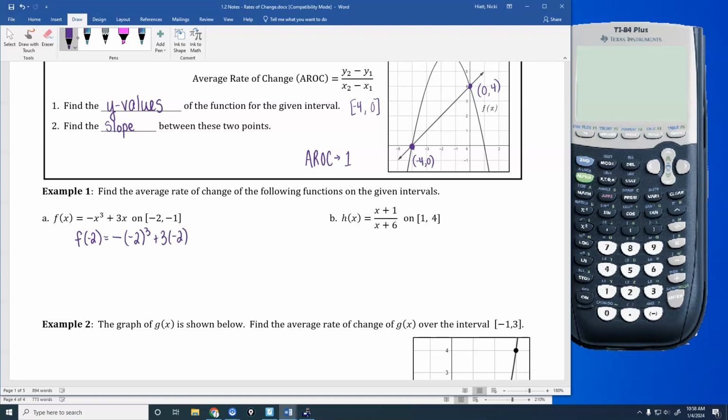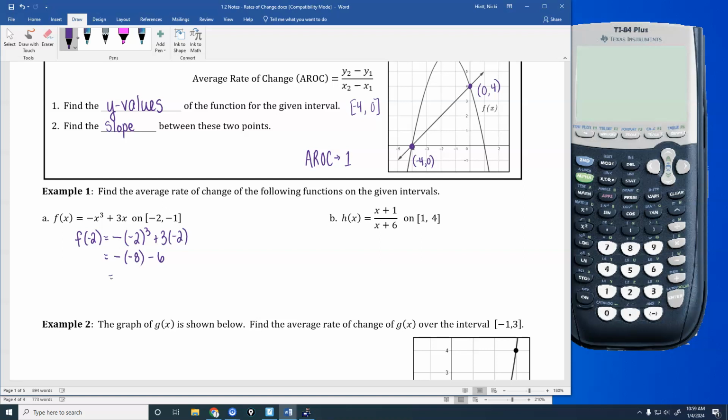This sort of stuff we want to be doing without the calculator because it's probably going to be on calculator inactive. So if we do this, what is -2 to the 3rd power? -8. So we've got negative negative 8. And then 3 times negative 2 would be minus 6. What is negative 8?